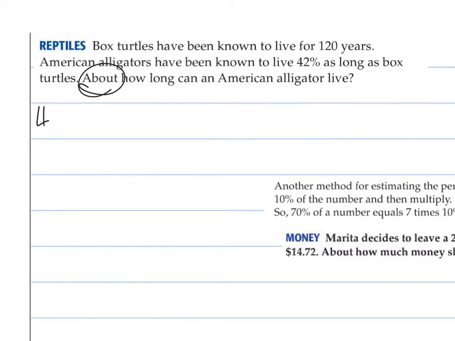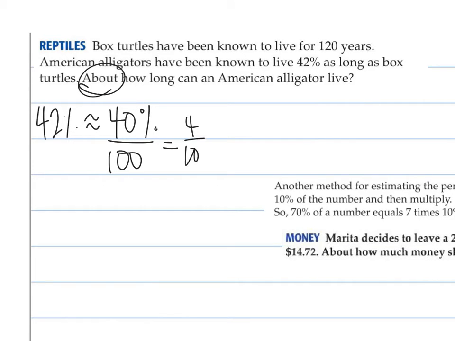So I'm going to estimate the 42%. I'm going to round that down to 40%. Again, we want the nice tens, 20, 30, or 25 or 75. Percents are always out of 100, so I'm going to take these as fractions, and I'm going to multiply that way. Well, I know that that would simplify to 4 over 10, which is 2 over 5.